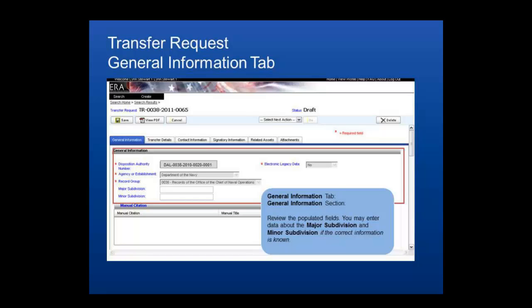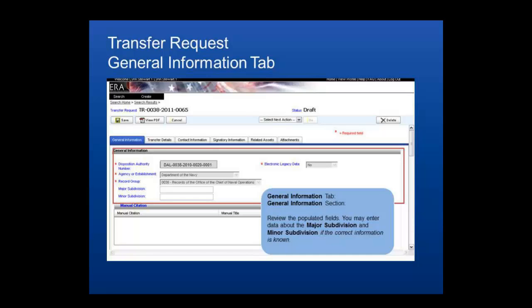This is an ERA system generated ID number for the disposition authority. For born in ERA record schedules, this number will begin with DAA. If you want to think of that as disposition authority agency, that's a fairly good mnemonic.